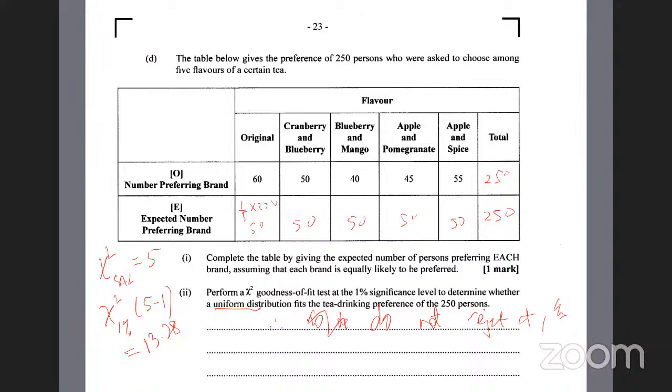Of course, we do not reject H naught. We see that a uniform distribution fits the tea drinking preference of the 250 persons, so it's fair to say that it fits a uniform distribution. Are we good to go? That is your chi-squared. In this case, there was nothing for us to join together or anything.